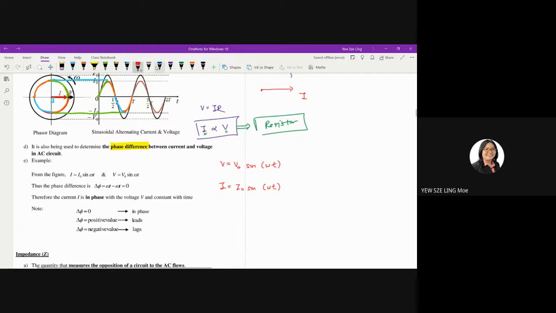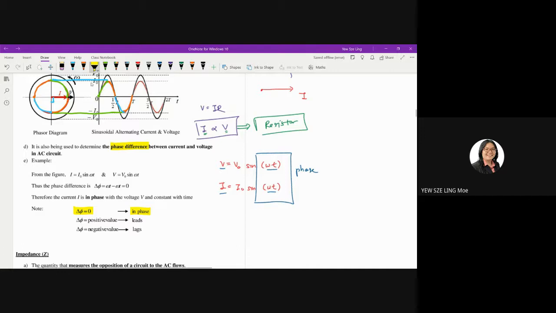This part represents the phase. We want to see the phase difference between current and voltage by looking at the phasor diagram, because once you have a phasor diagram, it is easier to tell the angle between these two variables, V and I. If they are the same, for example omega t and omega t, then we say the phase difference is 0 and thus they are in phase.